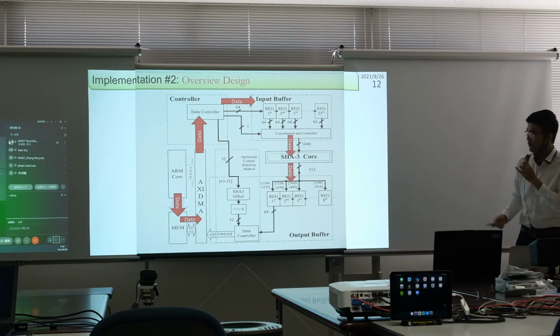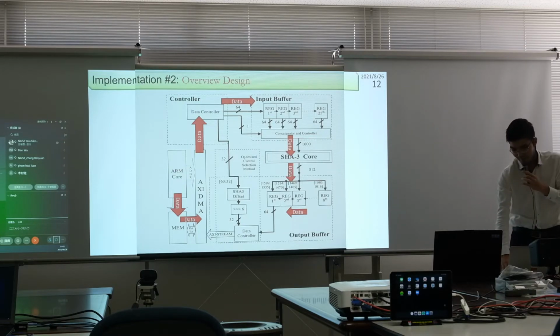And then when the buffer is filled, the data is stored in the SHA-3 core and processed. Then when they finish, they push the output through here. And in this case, because we use many types of SHA-3, we can use this one to increase the frequencies.